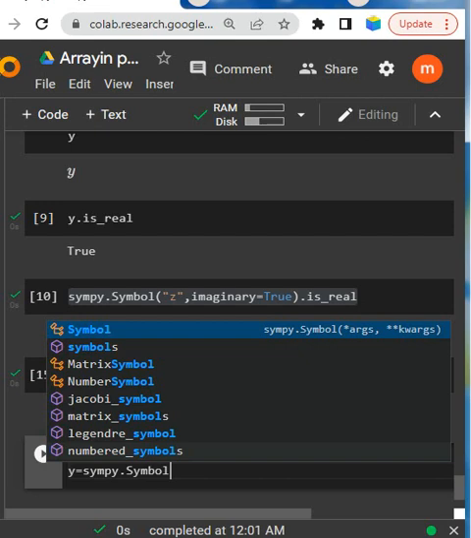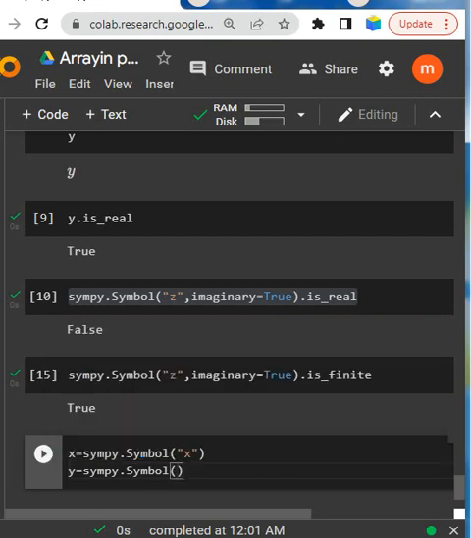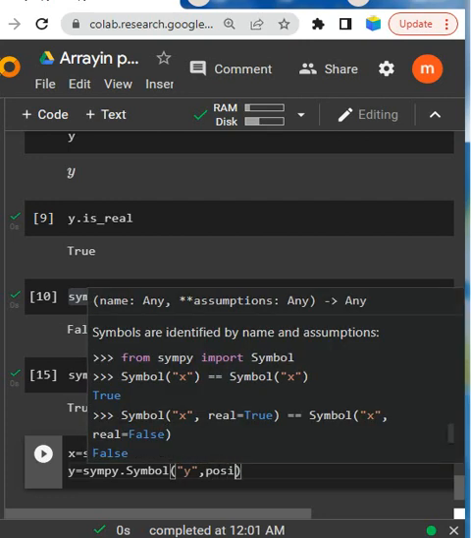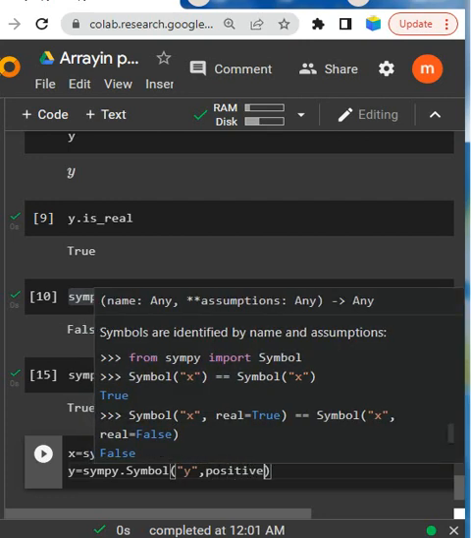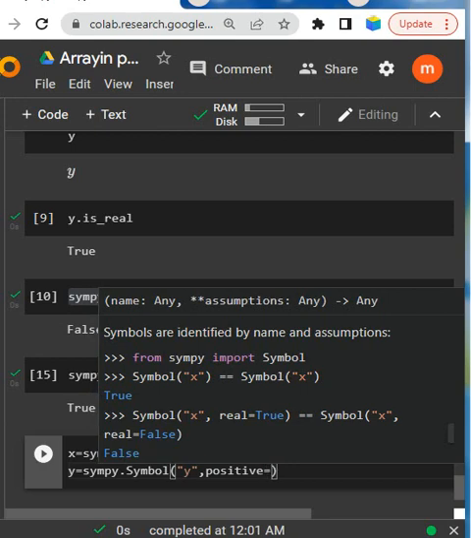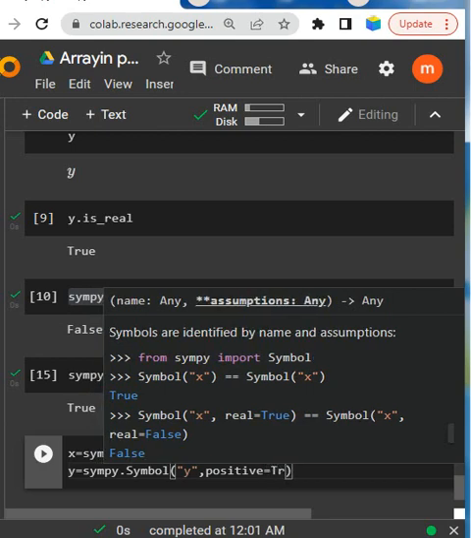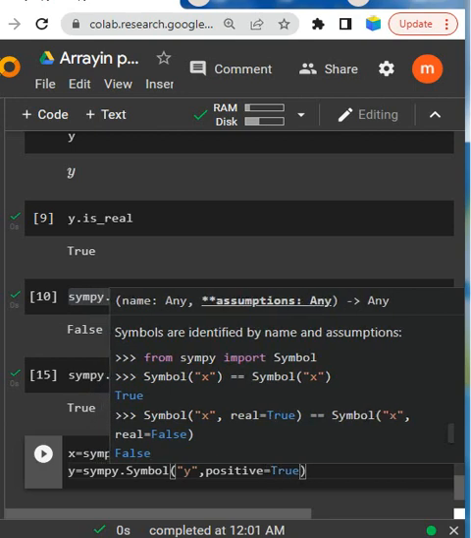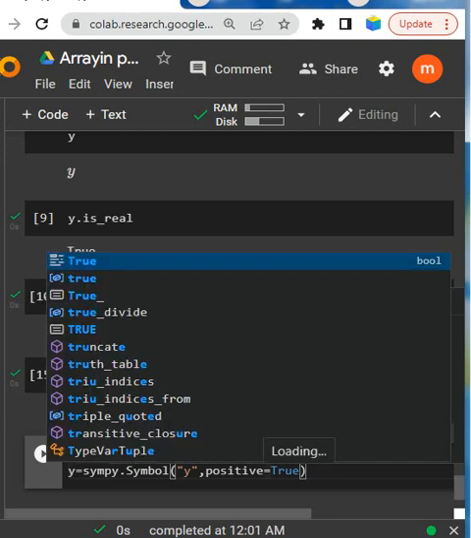And create here y, and now positive will equal to 2. Positive will equal to 2.